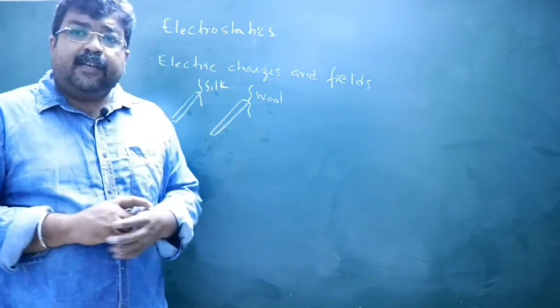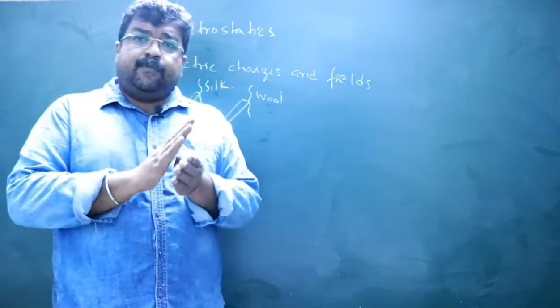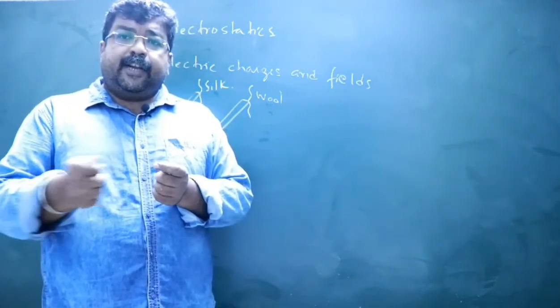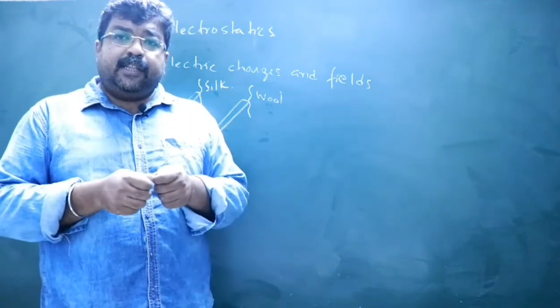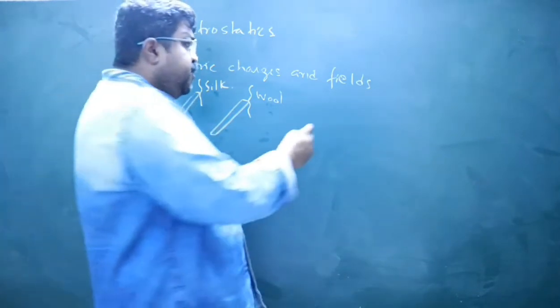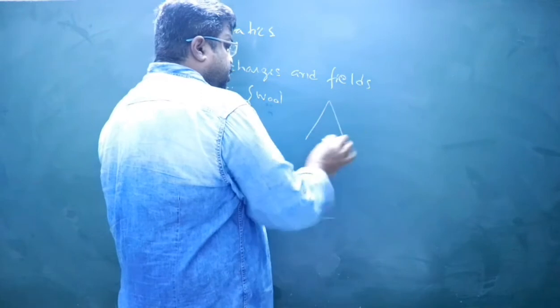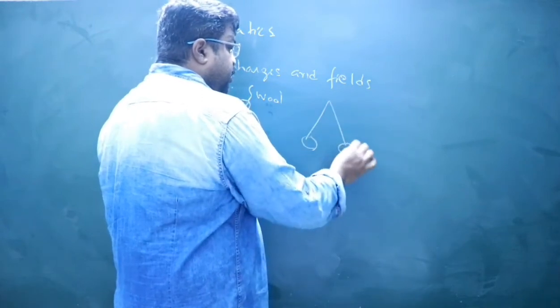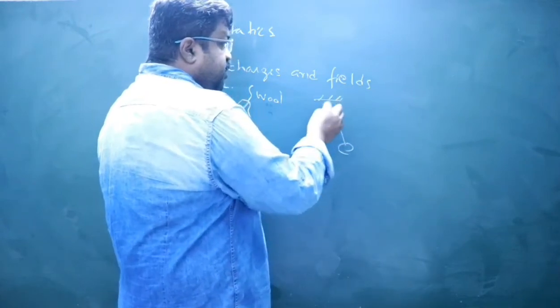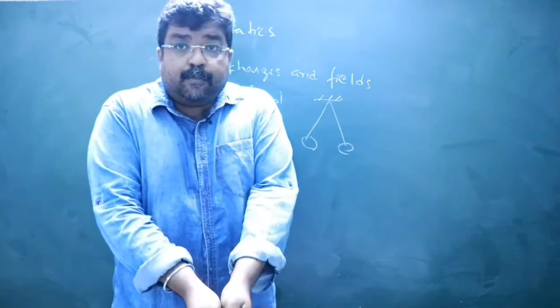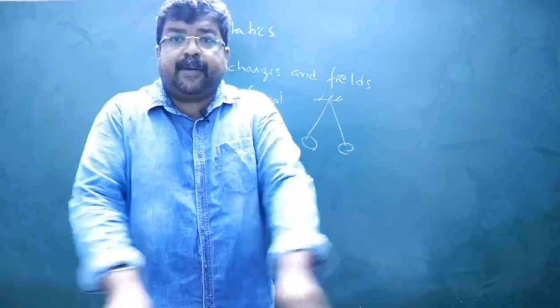It was observed that when this plastic rod rubbed with fur is brought in contact with two pith balls, they start repelling each other. They were suspended from a common support, so because of this repulsion they will separate like this.